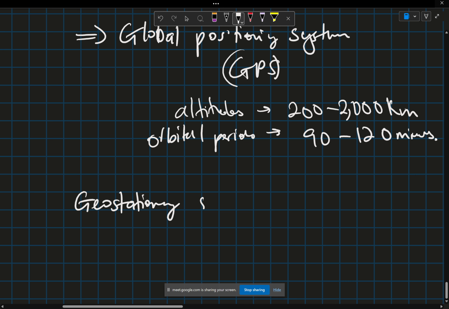For the geostationary ones, these are ideal for things like telecommunication, so telecom systems. We use them for telecommunications, we use them for weather monitoring as well, and for broadcasting.